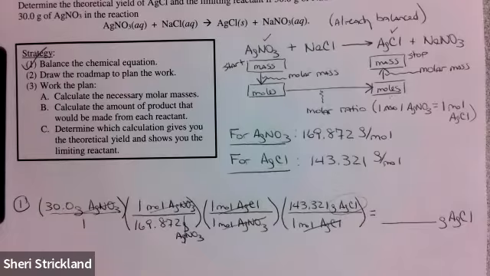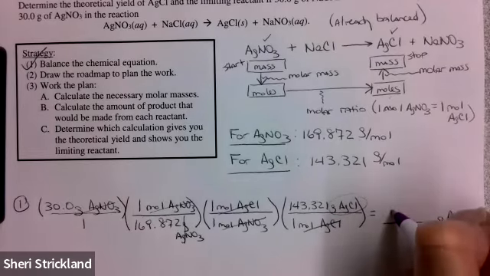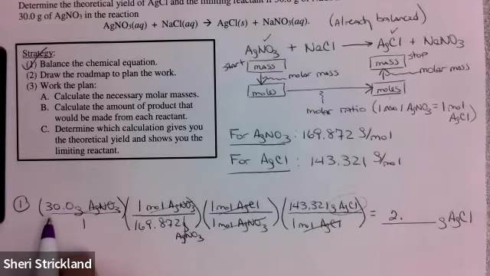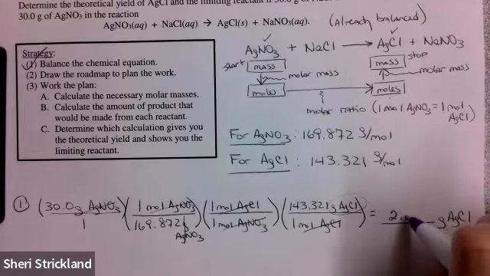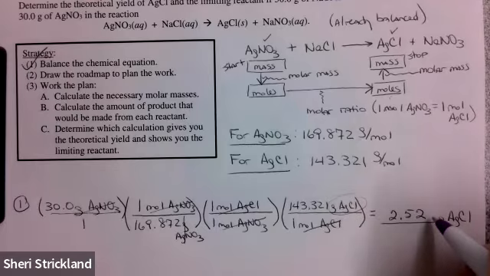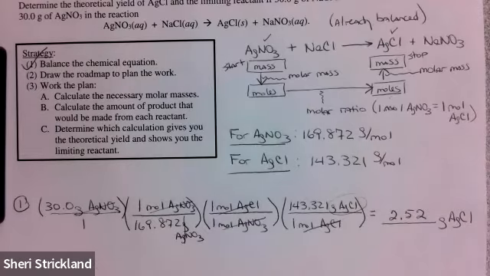All right, welcome back. So when I considered that I can only keep 3 significant figures, I got 2.52 grams of silver chloride.